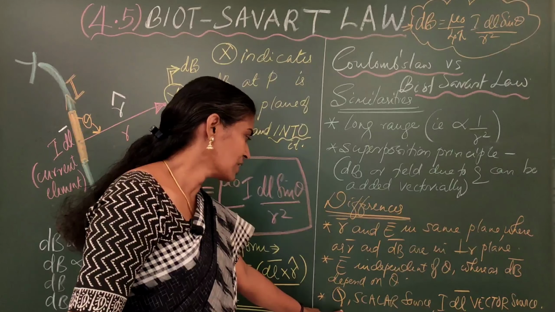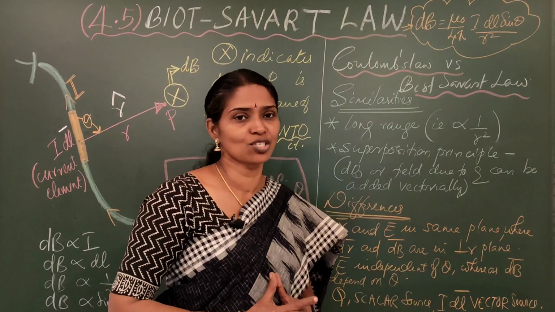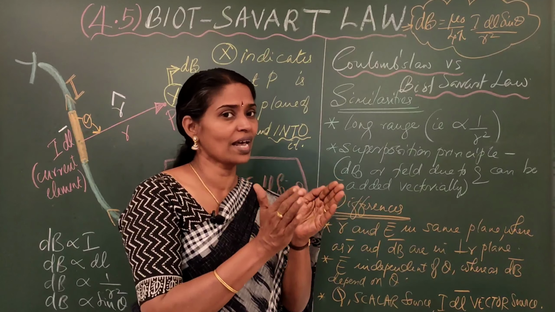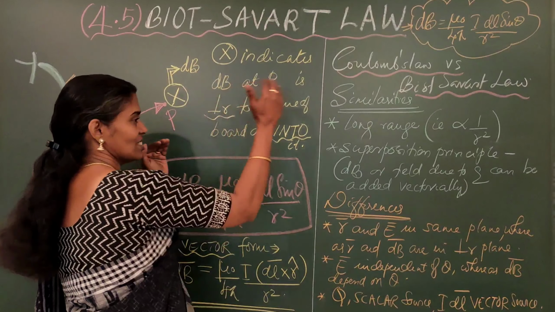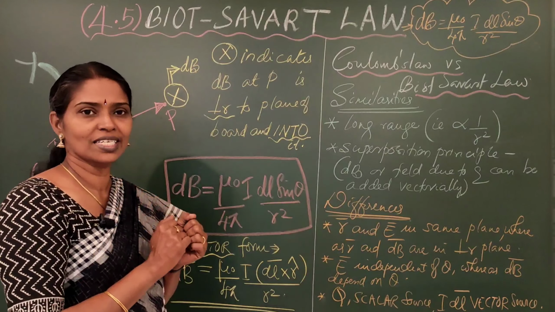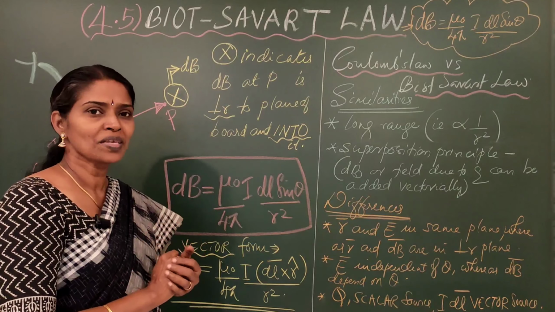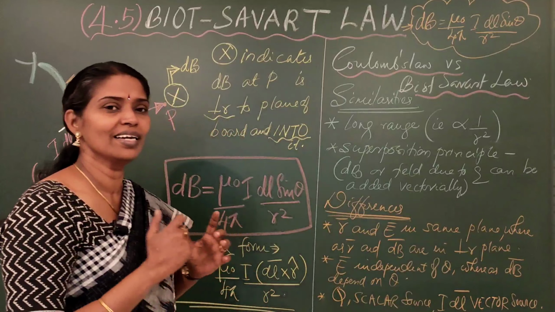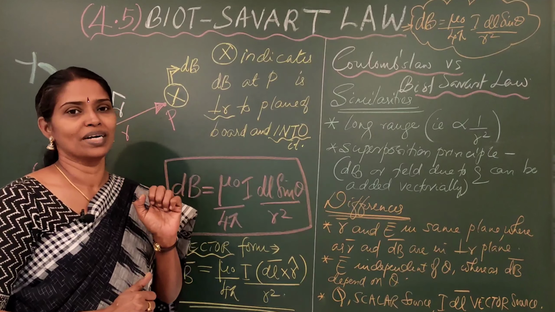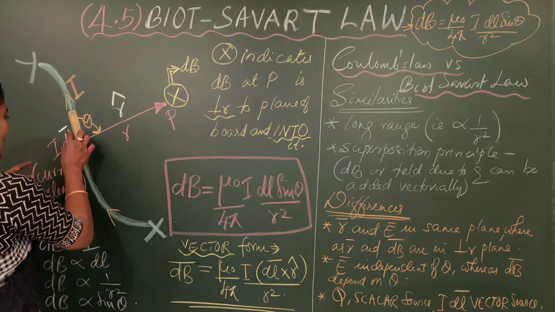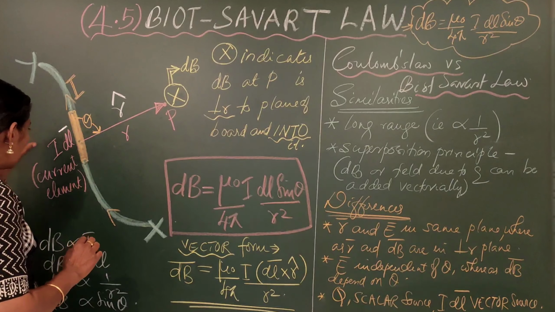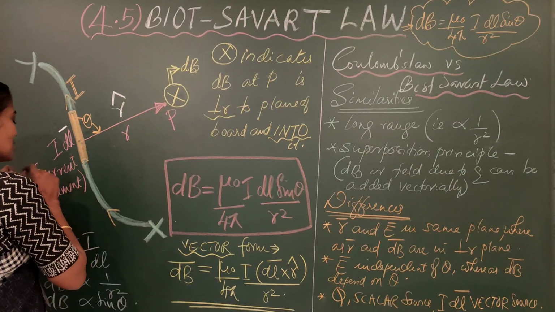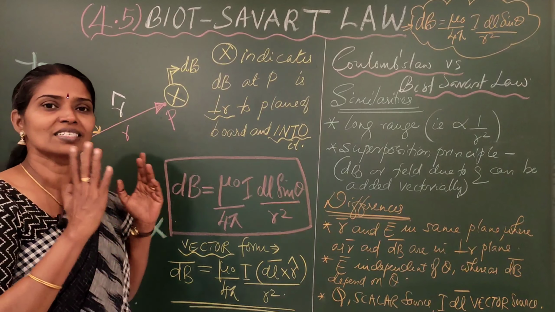And another important thing, q is a scalar source. q is definitely a scalar quantity. The source is scalar: a source charge, and a test charge we keep to find the electric field. But when you come to I dl bar, it is a vector quantity, because dl is a scalar but you put the direction of I on dl, so that I dl bar is the current element, a vector source.